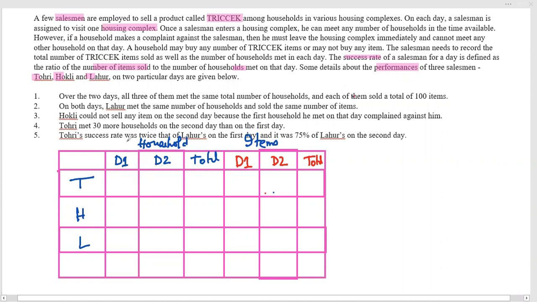Now one after the other, the information needs to be fed in here. This is the 2-day period. All three of them met the same number of households and each of them sold a total of 100 items. So the total number of items is 100, 100 and 100. Each of them sold 100.